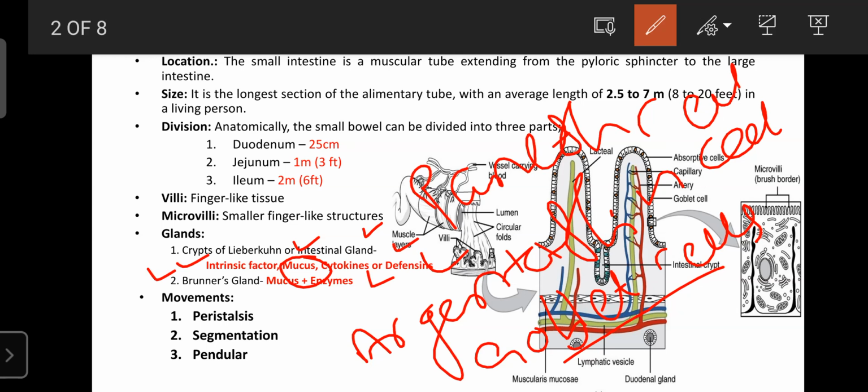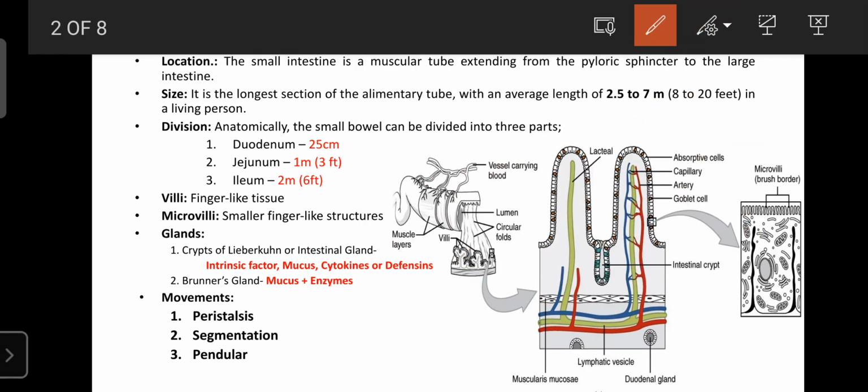Regarding the movements, the small intestine mainly has three movements. Those movements are helpful for moving the food from duodenum to jejunum, jejunum to ileum, and ileum to large intestine. Some movements are helpful for mixing the food with the juice secreted in the small intestine.